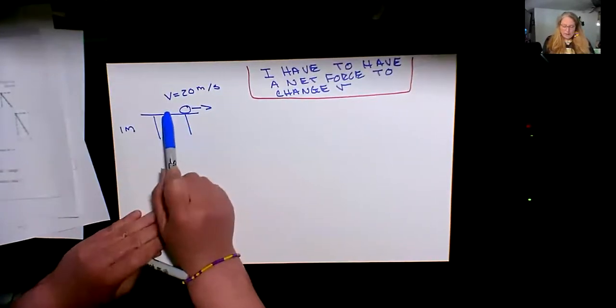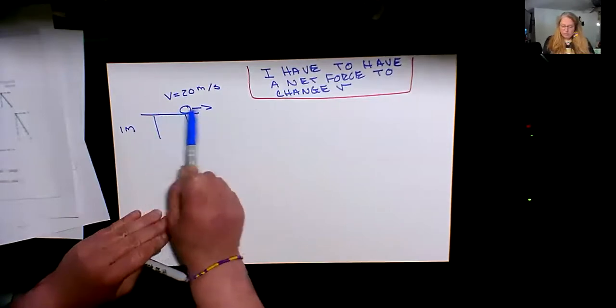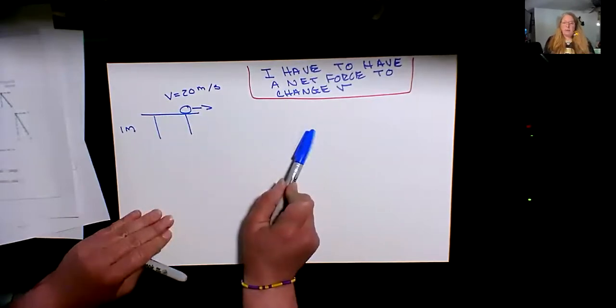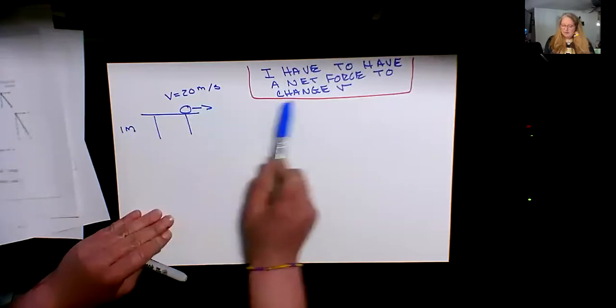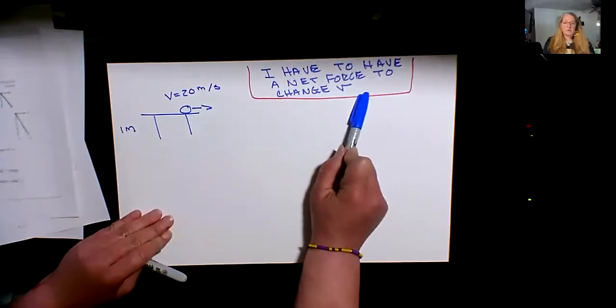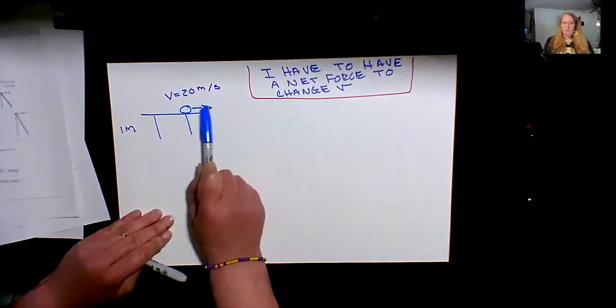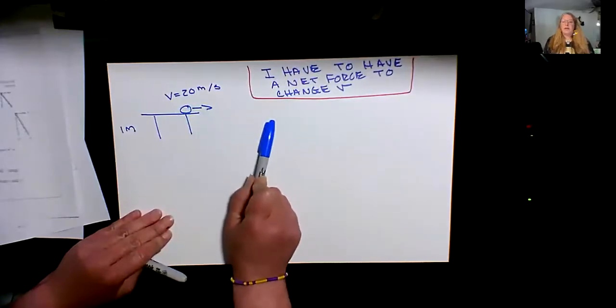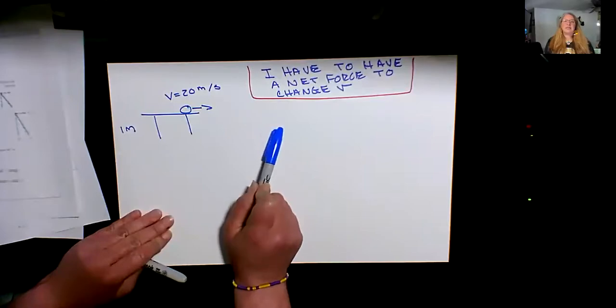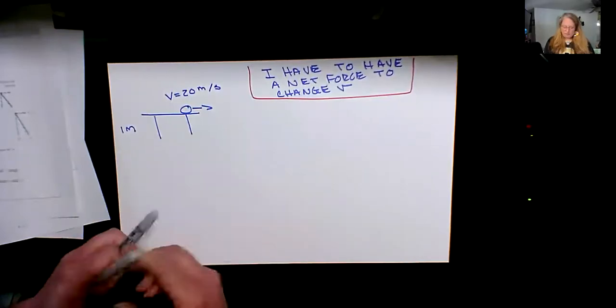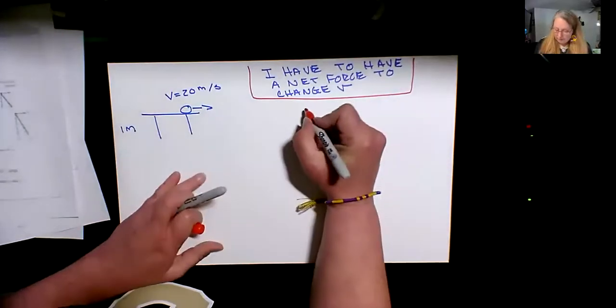So as I roll this ball off this table, then its X velocity, well, there's no net force in the X direction. There's no air resistance. So as it's going towards the ground, its velocity in the X direction is constant. Let me write that down.